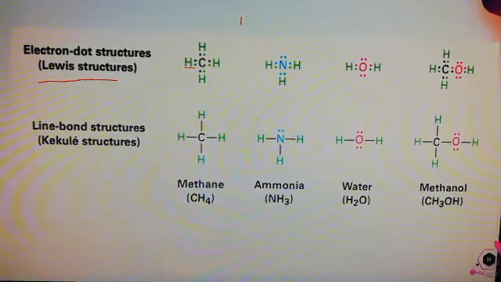So, merong mas simple naman which is the Kekulé structures or the line bond structures in which a 2 electron covalent bond is indicated as a line drawn between the atoms. So the number of covalent bonds an atom forms depends on how many additional valence electrons it needs to reach a noble gas configuration.